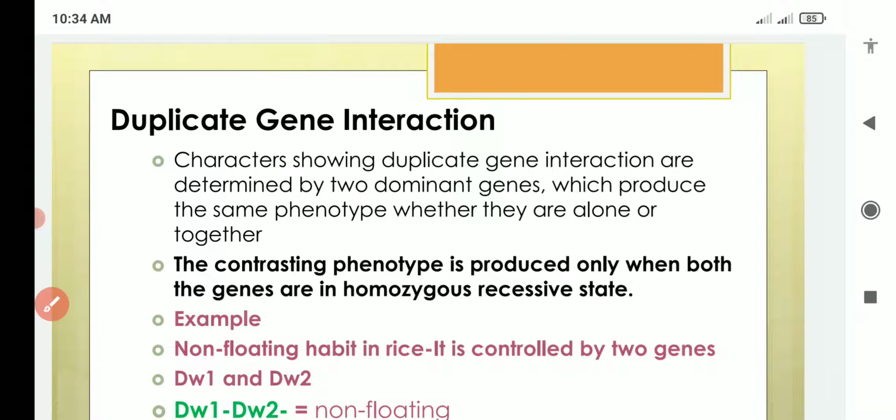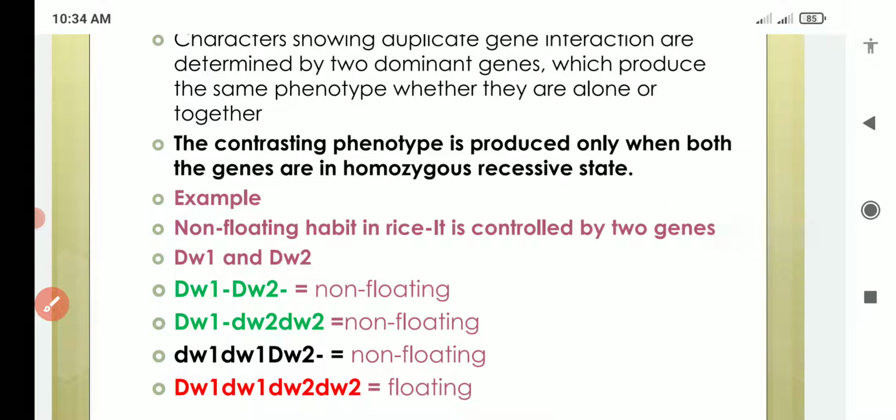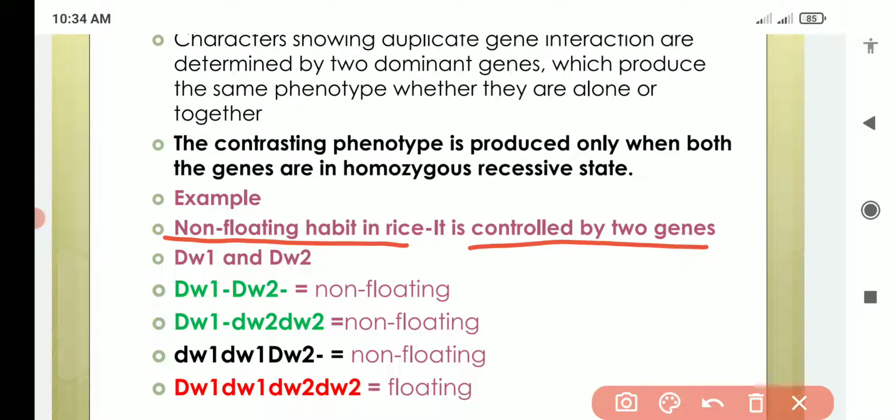For example, here we have taken the example of non-floating habit in rice. You all know that rice is grown in fields filled with water and it does not float. This non-floating habit in rice is controlled by two genes, DW1 and DW2. When the capital alleles of DW1 and DW2 are both present together, non-floating habit is observed.